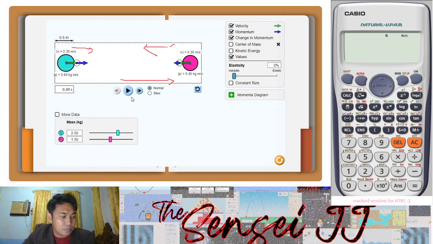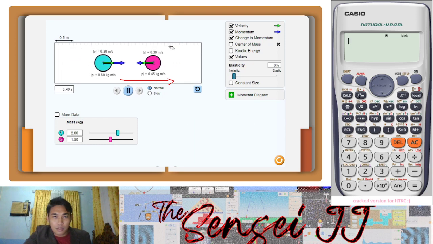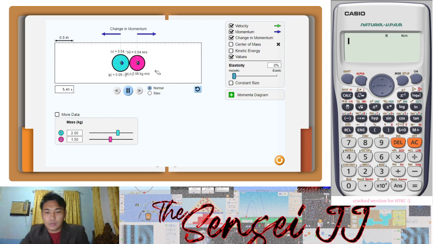Okay, so let's watch this one. You see, there is a change in direction of momentum. But, sir, they are both moving to the right.